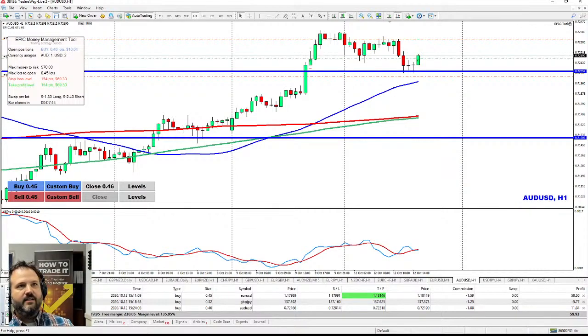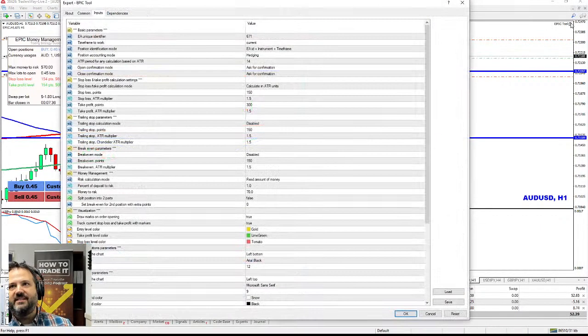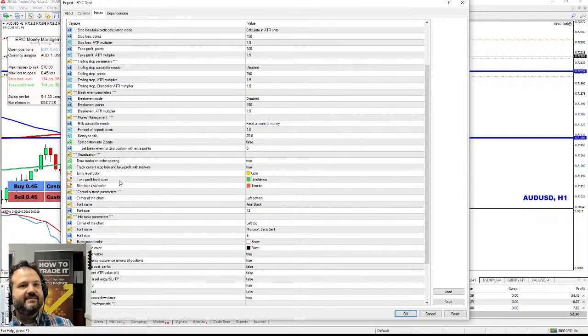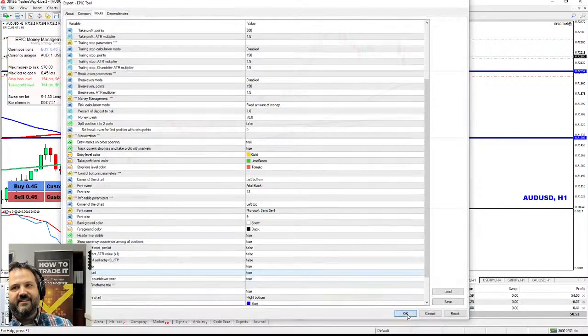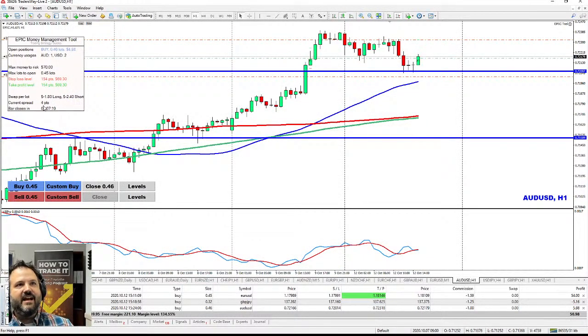Okay, so I did the spread up here by looking at this, but guess what? The Epic tool has the spread inside. I'm trying to see if I can figure out where that's at. I just couldn't read it on your gold chart. Well, I didn't have it on there. So show spread, oh true, okay, I'm going to add that in there. Okay, so now current spread.